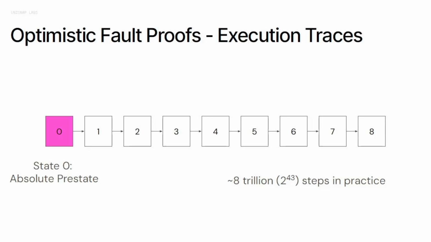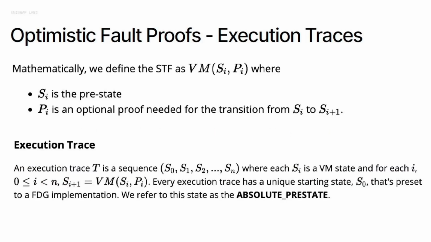A lot of rollups are in the ballpark of 2 to the 42nd to 2 to the 44th steps. It's a very, very large number. But remember, every CPU in your phone or laptop is doing billions of steps per second, so with computers we can feasibly compute these. And then we have the mathematical definition. Our old friend, the state transition function, just takes a pre-state to a post-state, and then we have this sequence.